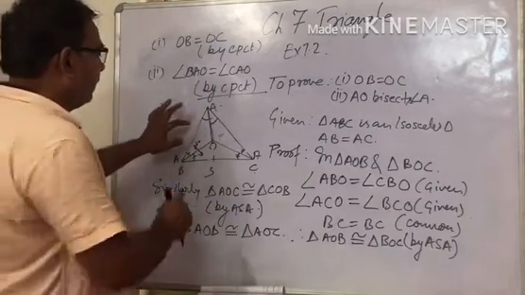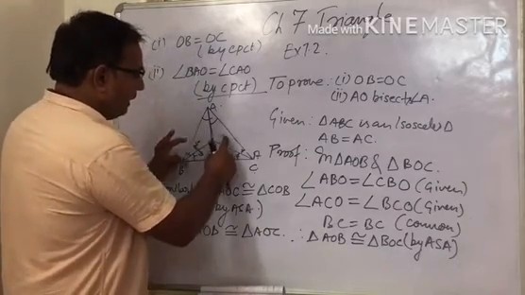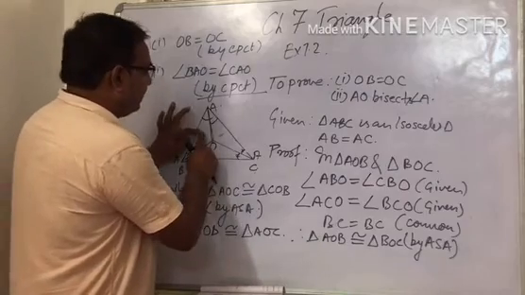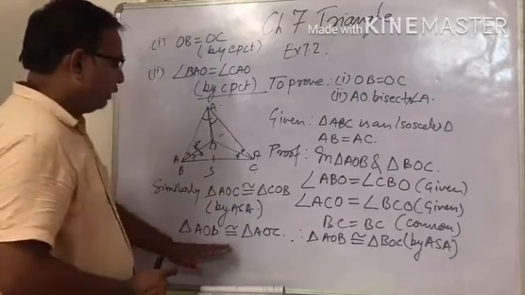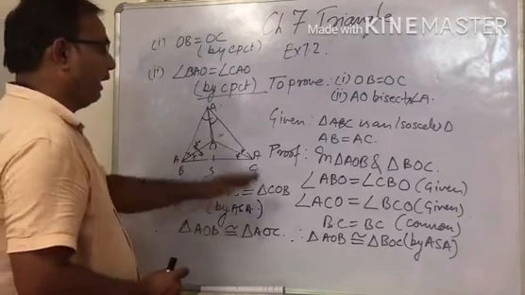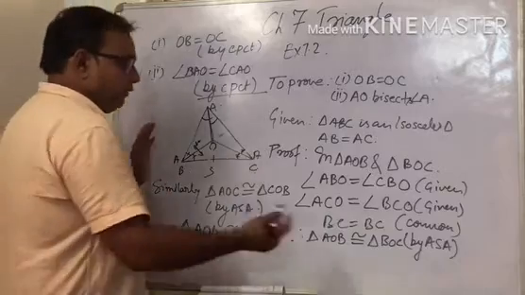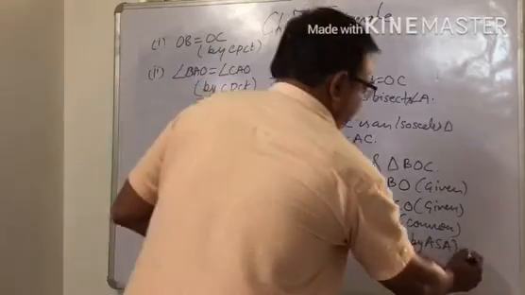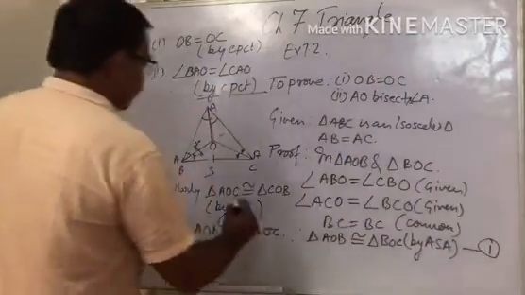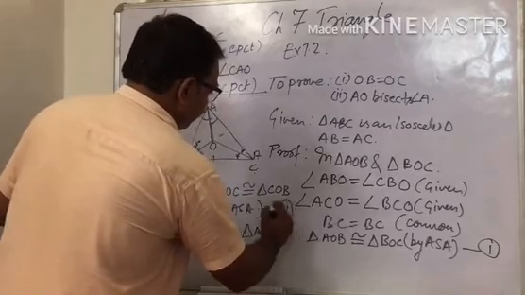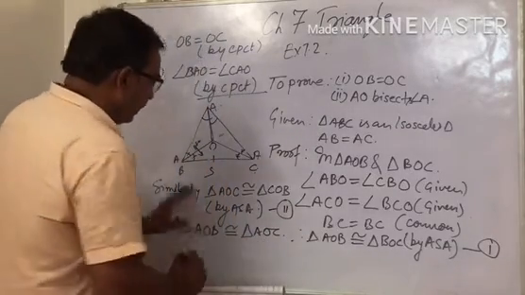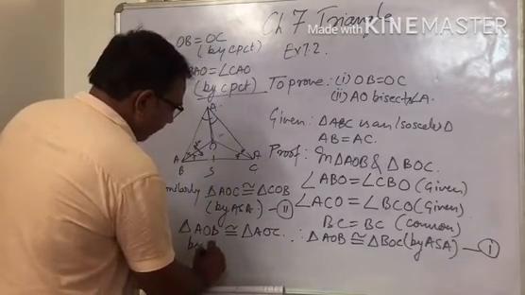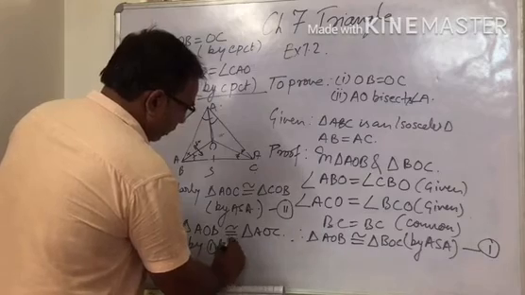Then if this triangle is congruent to this, and this is congruent to this, it means that this is congruent to this also. So these two triangles are congruent according to first and second. If you want, you can write 1, 2 here. This triangle is congruent to this by 1 and 2.